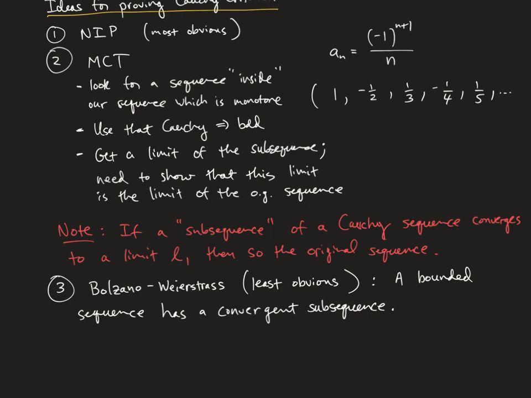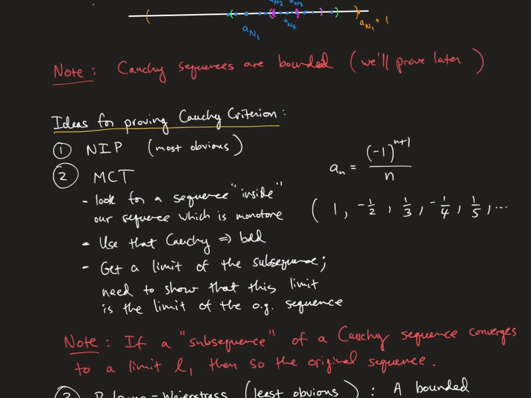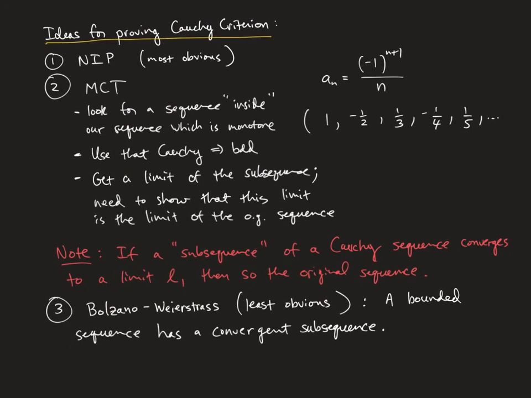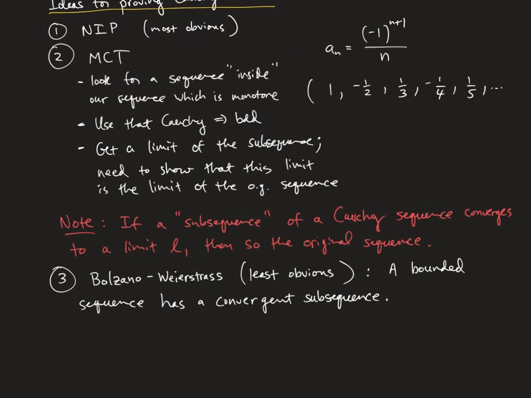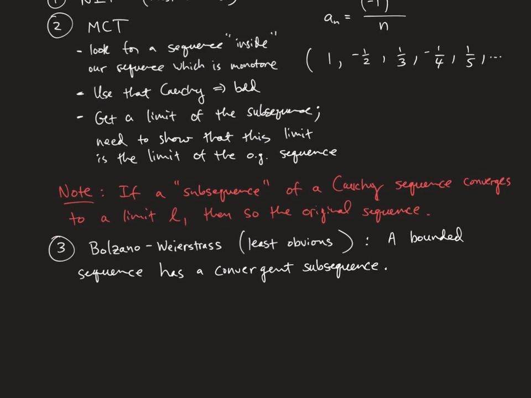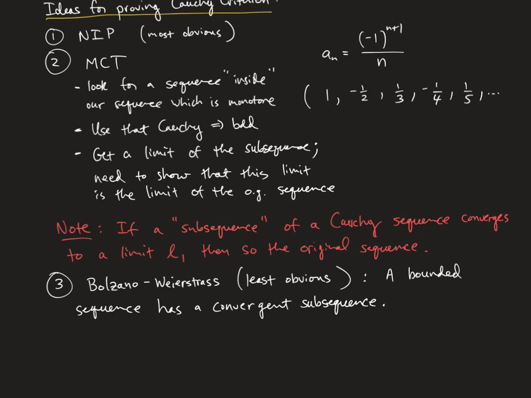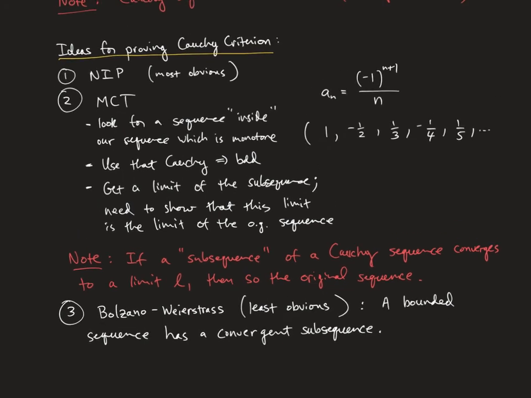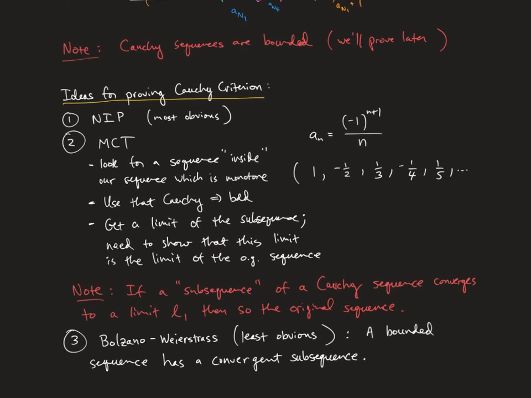Okay, and you should think about the facts that we know about, or that we're going to prove about, Cauchy sequences. So look at these two notes. Cauchy sequences are bounded, and if you have a subsequence of a Cauchy sequence converging to something, then so does the original sequence. So take those two notes and the Bolzano-Weierstrass theorem and see if you can work out how the Cauchy criterion follows from all that information.